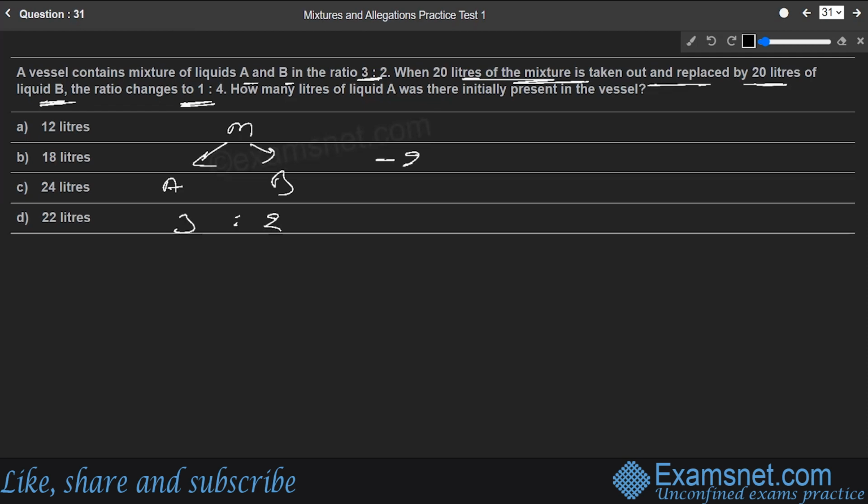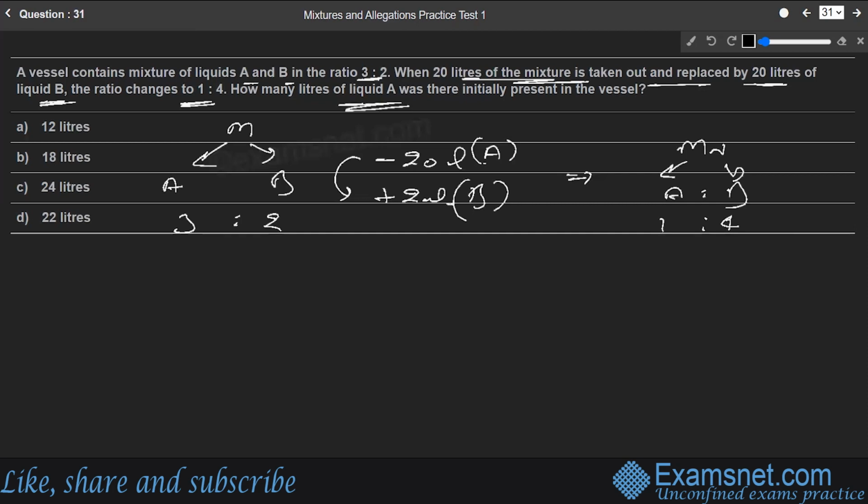The 20 liters has been removed first and replaced by 20 liters of liquid B. So 20 liters of mixture has been removed, and 20 liters of B has been added. Then in the new mixture, the ratio of A to B changes to 1 is to 4. They are asking how many liters of liquid A was there initially in the vessel.